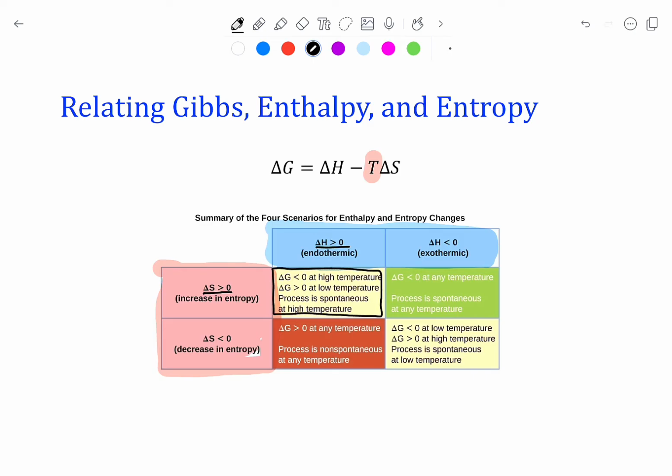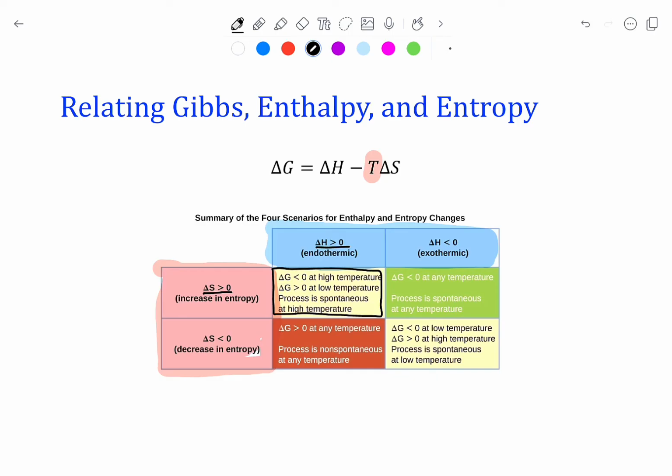It tells us that delta G is going to be negative at higher temperatures and delta G is going to be positive at lower temperatures. Therefore the process is going to be spontaneous at higher temperatures. We'll talk about how to determine higher versus lower temperatures later on in this lesson, but it is important to notice the distinction between differences in temperatures. Again, the temperature still plays a role.